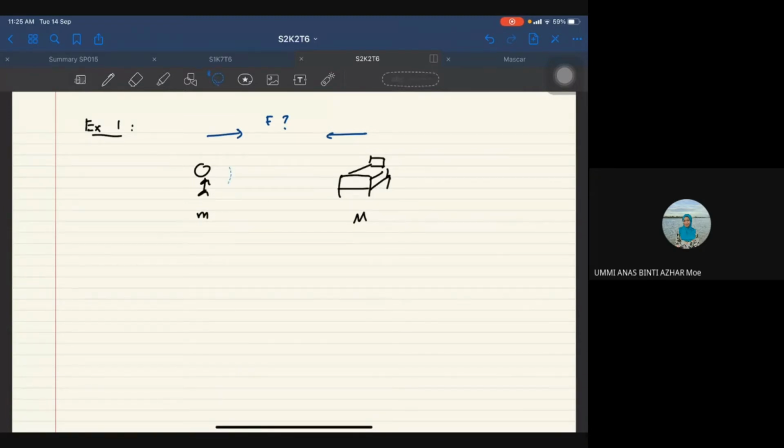Faham tak soalan saya ni? Adakah kamu akan drag towards the bed? Lepas tu tidur. Kalau ngantuk. Itu kamu berjalan. Tak, maksud saya kalau without kamu berjalan, just standing over there, with time, adakah kamu akan rapat dan kemudian tertidur. Bertemu.